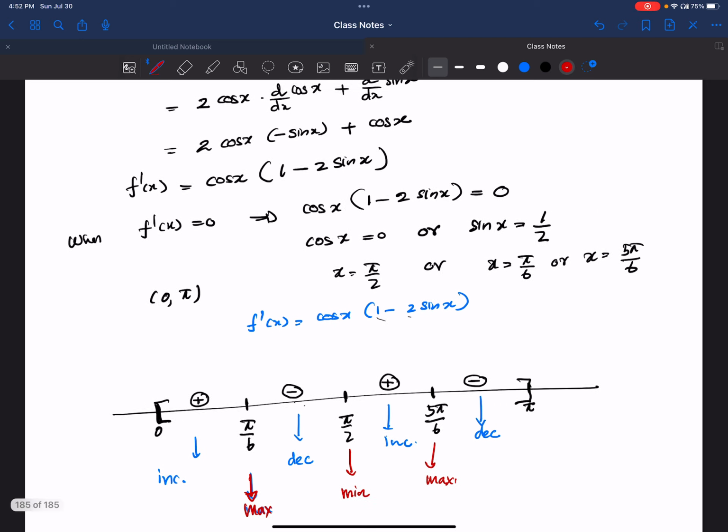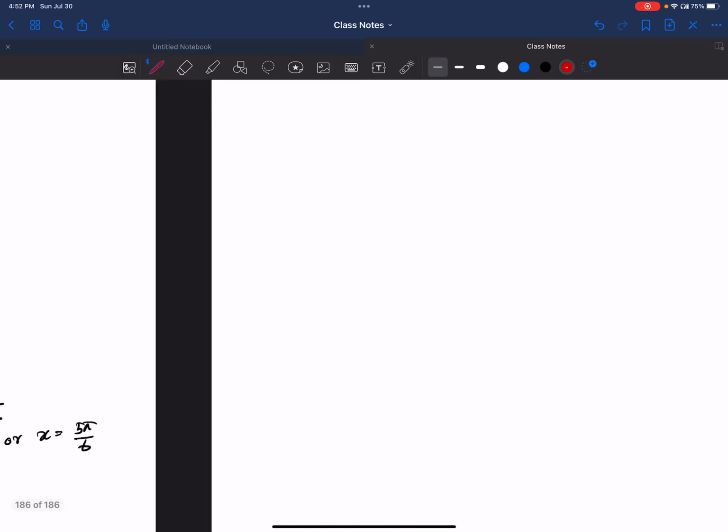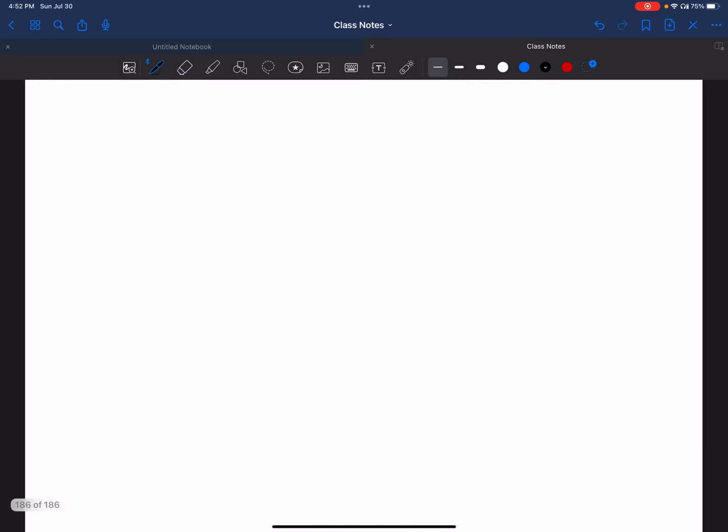Now let's look at another special case, where a critical point occurs when f prime of x is undefined. We talked about this problem previously as well. Let's take f of x equals 1 minus x to the power 2/3.